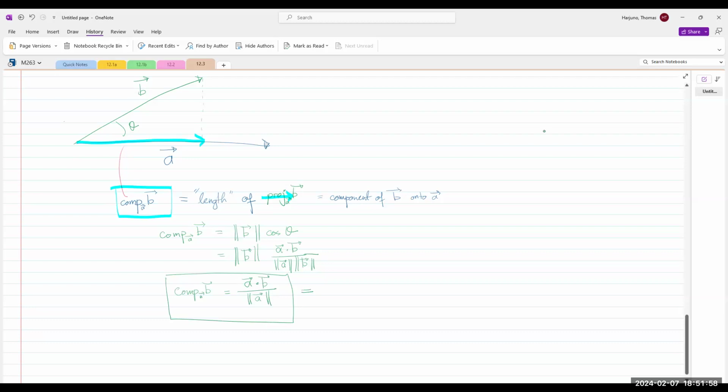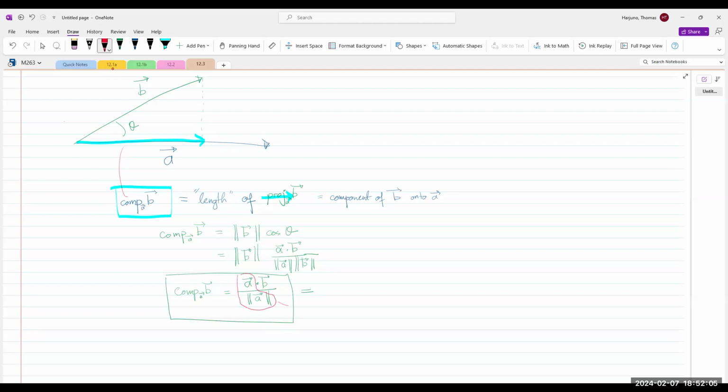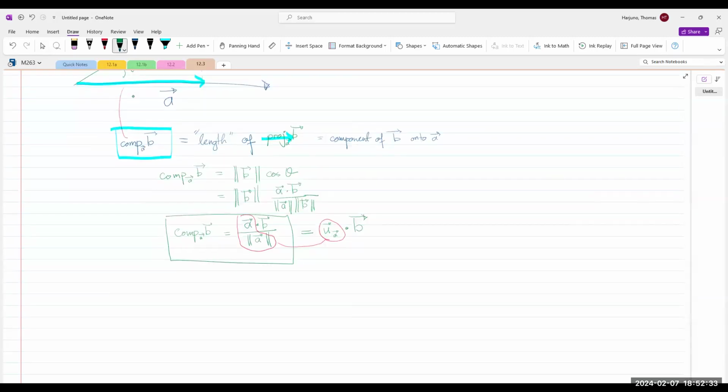But we can also see that this is the unit vector of A dot B. Now, the projection of B onto vector A is the actual vector, the one we highlight in blue.